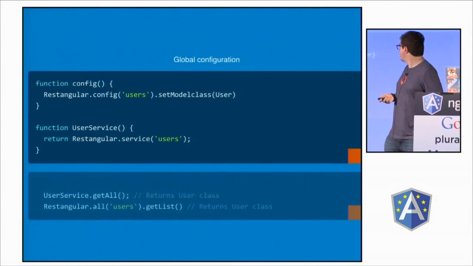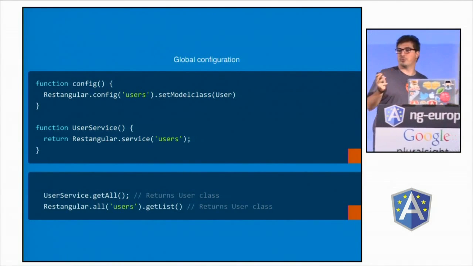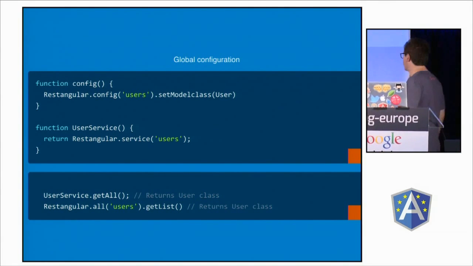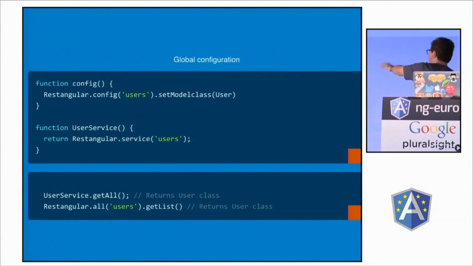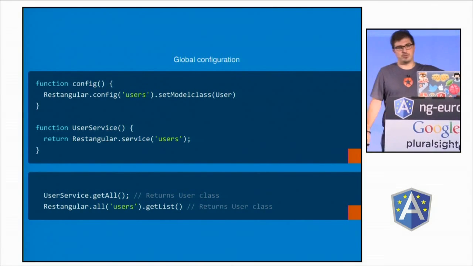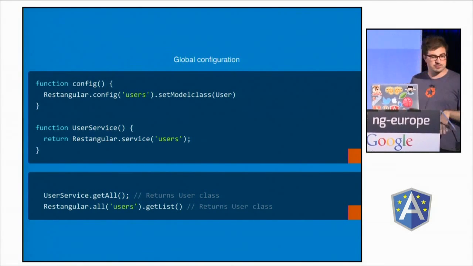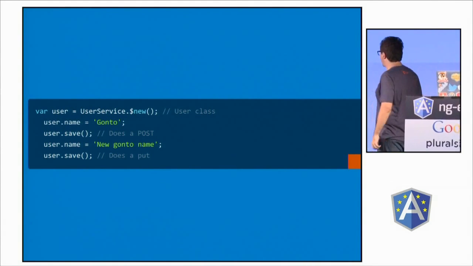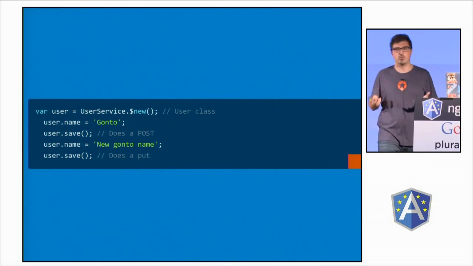If you want to avoid that, in the config of your application, you can do Restangular.configuration.users.setModelClass(User). And then in the service, just do .service('users'). That way, if you use the service or if you use Restangular, in both cases you would get the user class. And this user service is a nicer way to create elements.